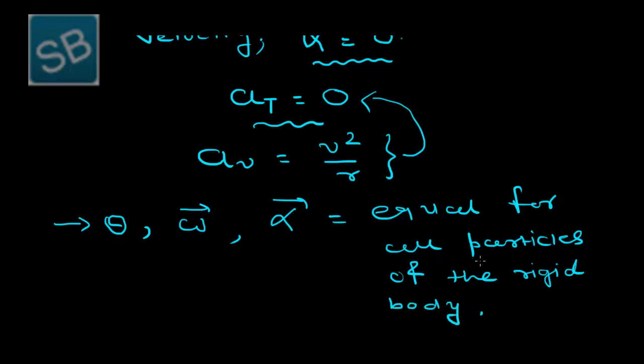And the characteristics theta, omega and alpha are called the variables of rotational kinematics.